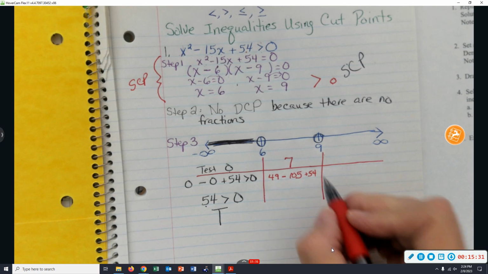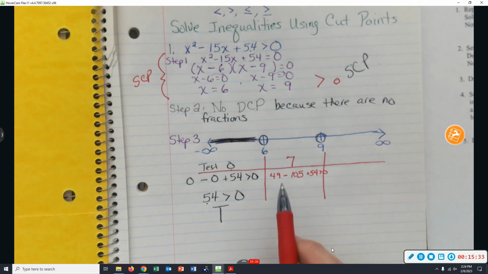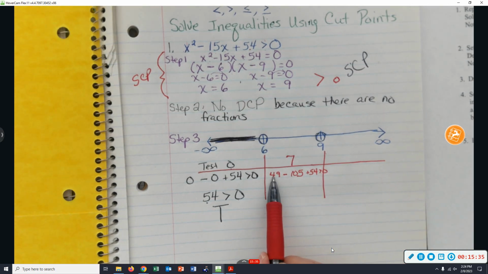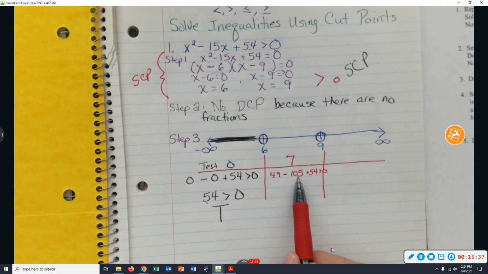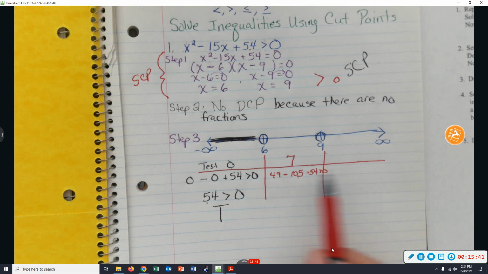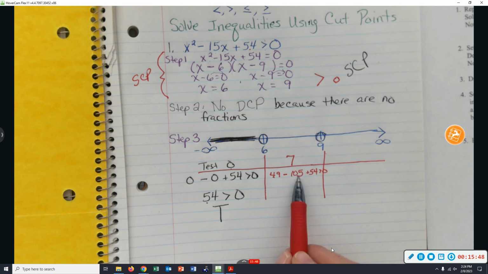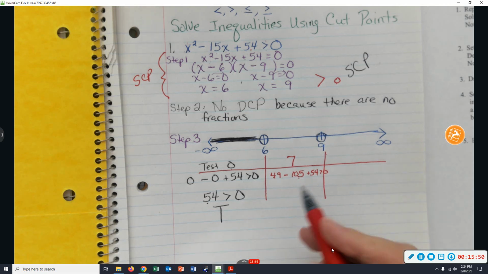Is it greater than 0? Do we want to subtract 105 from 49, or add 49 and 54, or just stick it into your calculator? Are we going to get a positive number or a negative? So 103 minus 105, so I'm getting a negative 2.